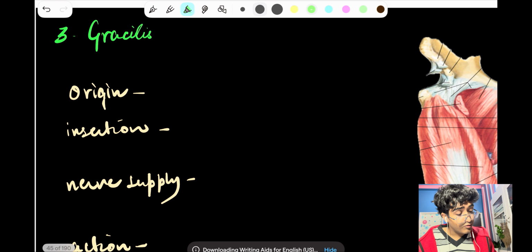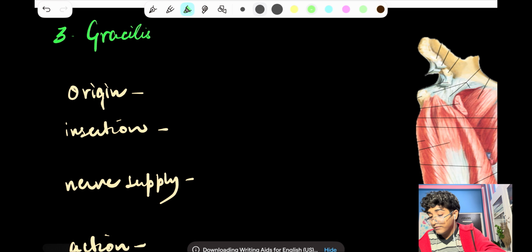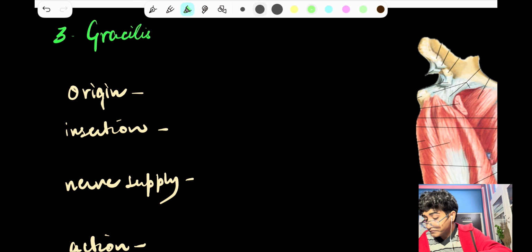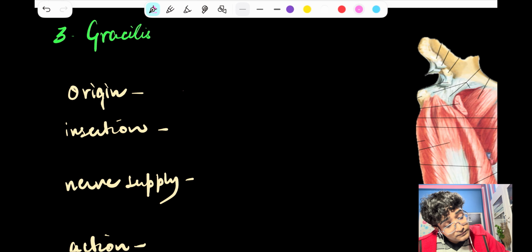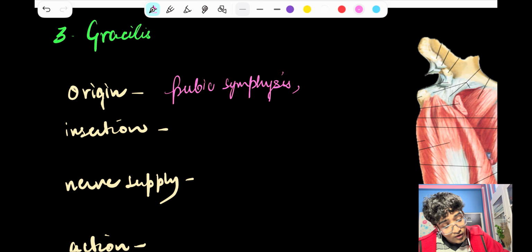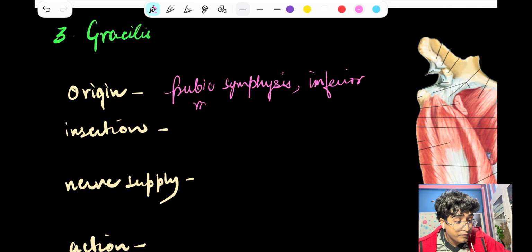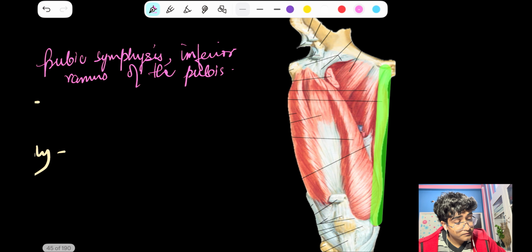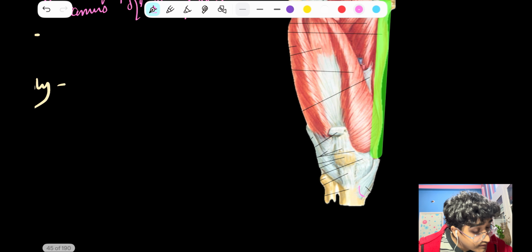It originates from the pubic tubercle and pubic crest, or you can say the pubic symphysis also. So its origin is the pubic symphysis, or you can say the inferior ramus of the pubis, and it gets inserted into this area.